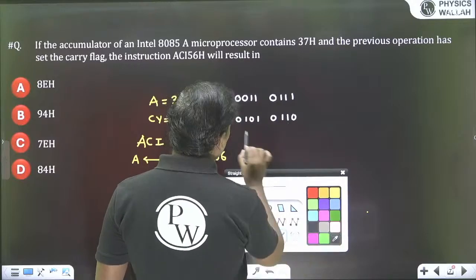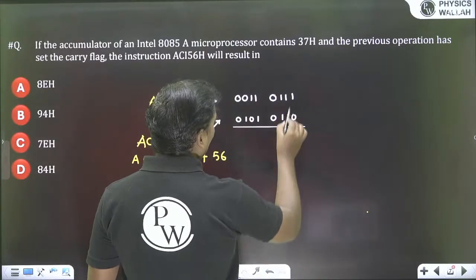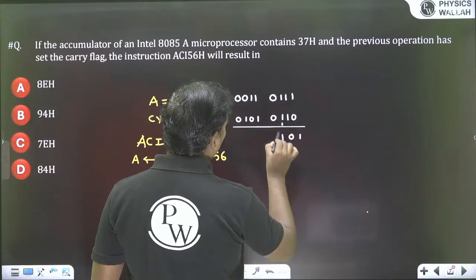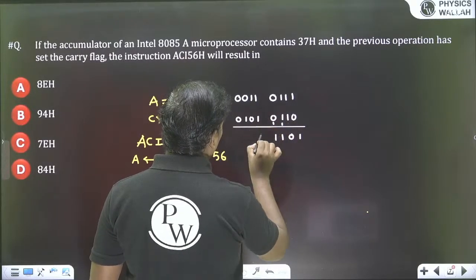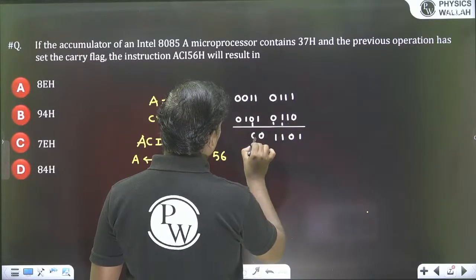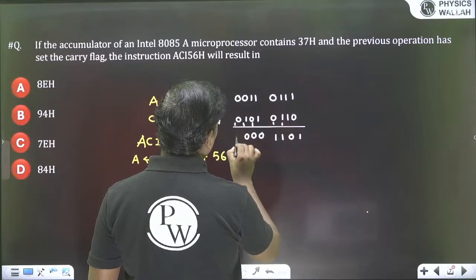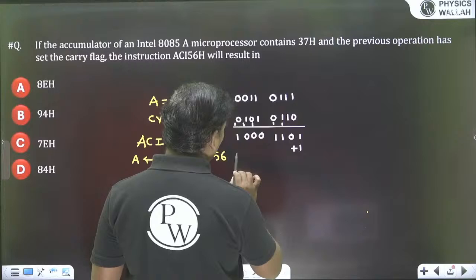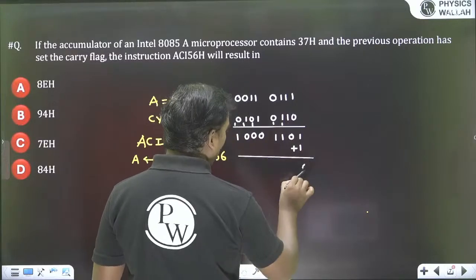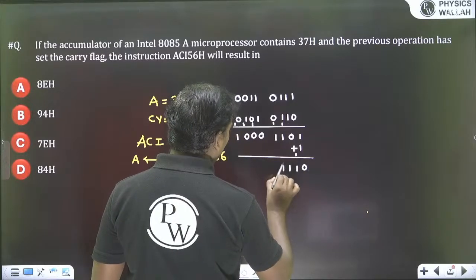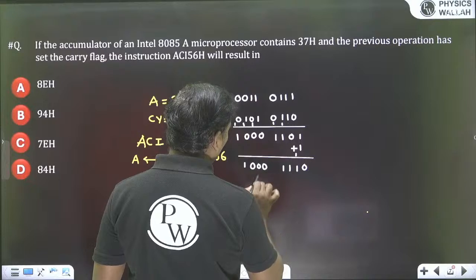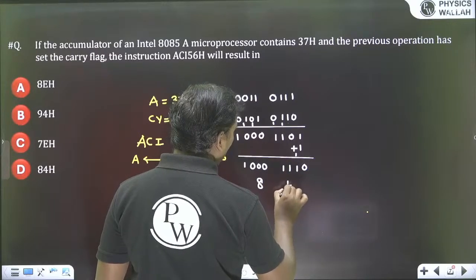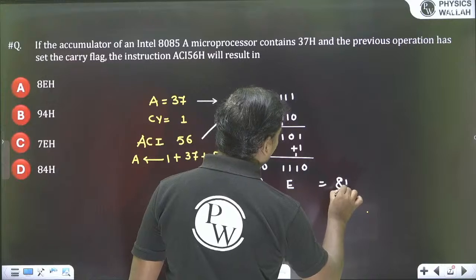So if you take the addition of these numbers, 1 plus 0 is 1, 1 plus 1 is 0 with carry 1, and so on, and we are going to add the carry to this. So the answer is 1000 1110, this is 8E. So the right answer is you are going to get as 8E, my dear.